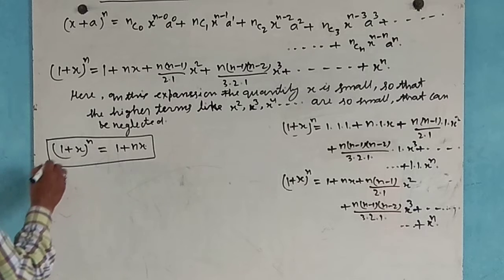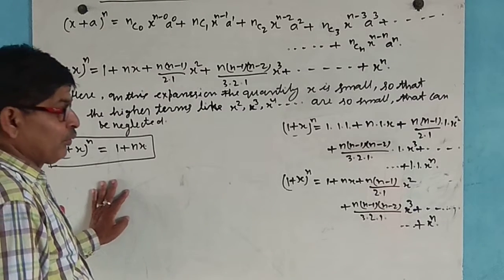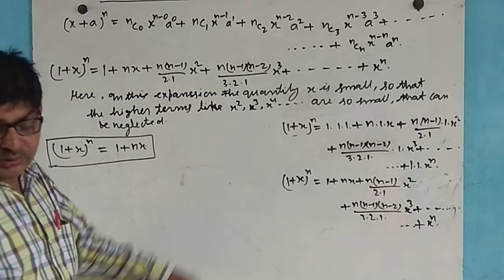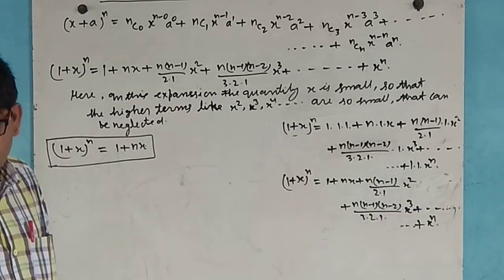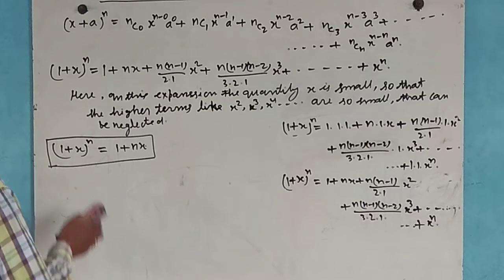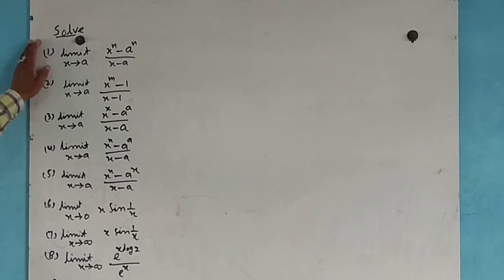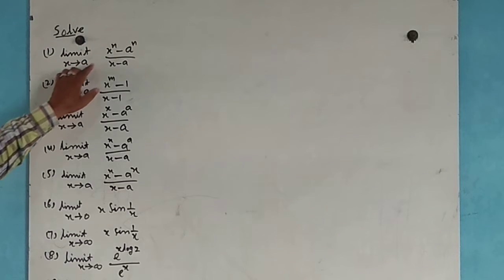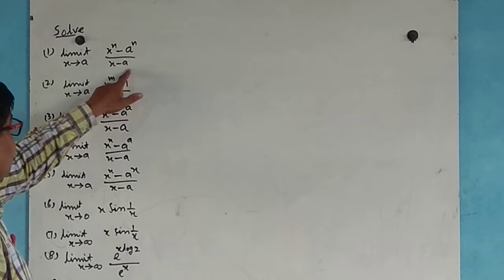This is used in the limit to solve the problem of limit. Now we take some problems here. Now binomial limit: solve limit x tends to a, x power n minus a to power n divided by x minus a.